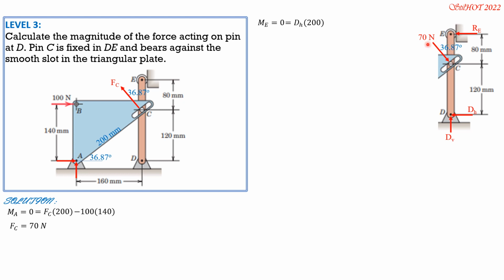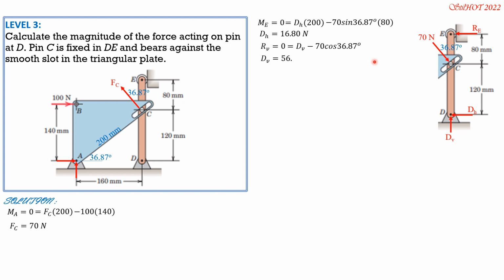The horizontal component is minus 70 sine of 36.87. That's the horizontal component. The moment arm is 80. So DH can now be solved. It is equal to 16.8 newtons. Then set the sum of vertical forces equals 0. So DV equals this V, then minus 70 cosine of 36.87.